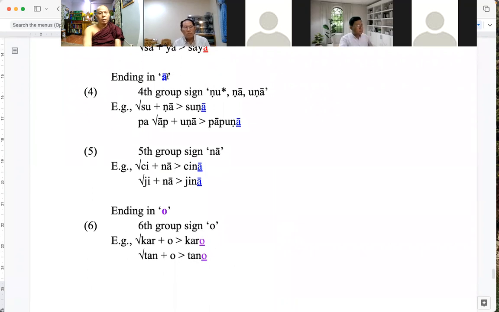Now the second possible ending is u. Okay, so that is related to the fourth group sign. The fourth group sign is nu, na, or una. Okay, so nu is very special. Here we don't dwell on that one.